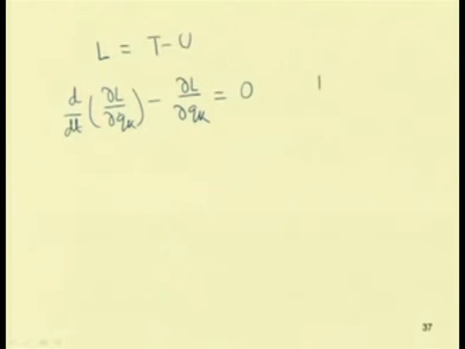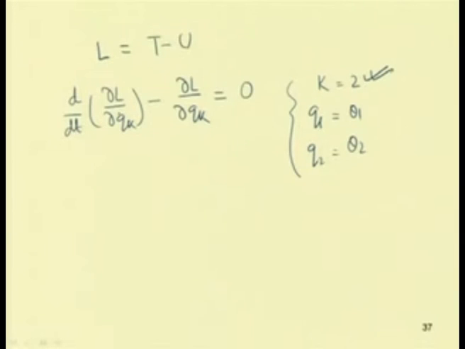So, here k equal to 2. We have a 2 degree of freedom system, so Q1 equal to theta 1 and Q2 equal to theta 2. In this case it may be noted that we have a 2 degree of freedom system, unlike in case of the simple pendulum. So, in case of the double pendulum, k becomes 2 and Q1 is theta 1 and Q2 equal to theta 2.